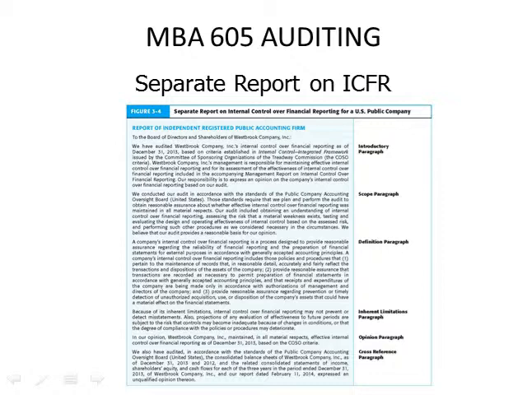We move to a scope paragraph that talks about what we looked at as far as internal controls. What was the scope of what our review covered? We have a definition paragraph. We have an inherent limitations paragraph. Then we provide an opinion paragraph, and this is the cross-reference paragraph that we spoke about earlier.